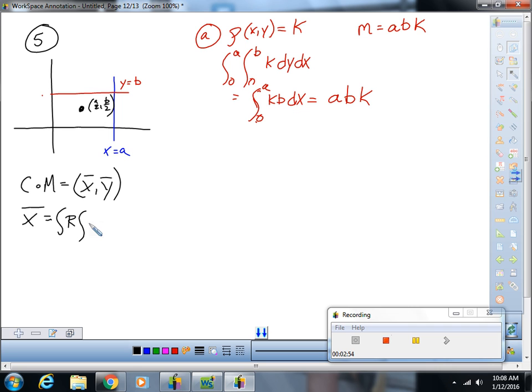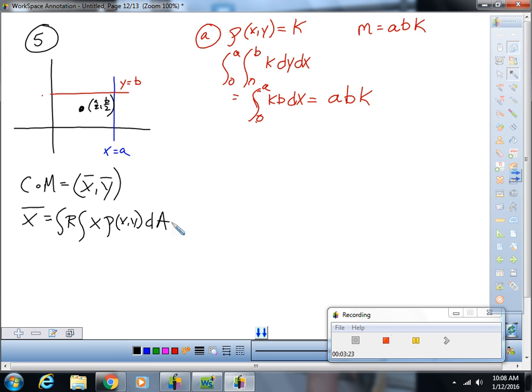Remember that we took my distance from the center and multiplied it by my mass? So x is the distance, so we multiply it by a factor of x. And then we just do the same thing. Rho of x comma y dA. Rho is the density function.